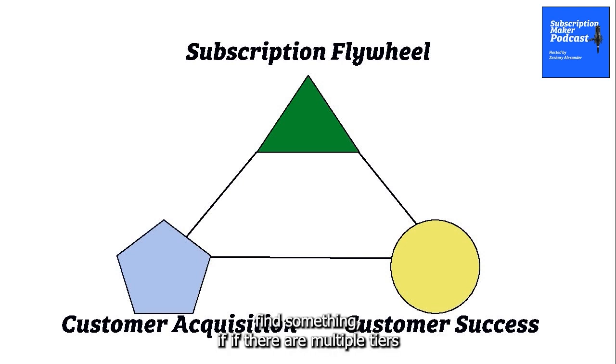So if there are multiple tiers of service, then customer success is about keeping people long enough so they grow their usage of your product or service, and it gets to a point where they choose to purchase a higher tier. They choose to purchase more capacity. That's what customer success is there for.